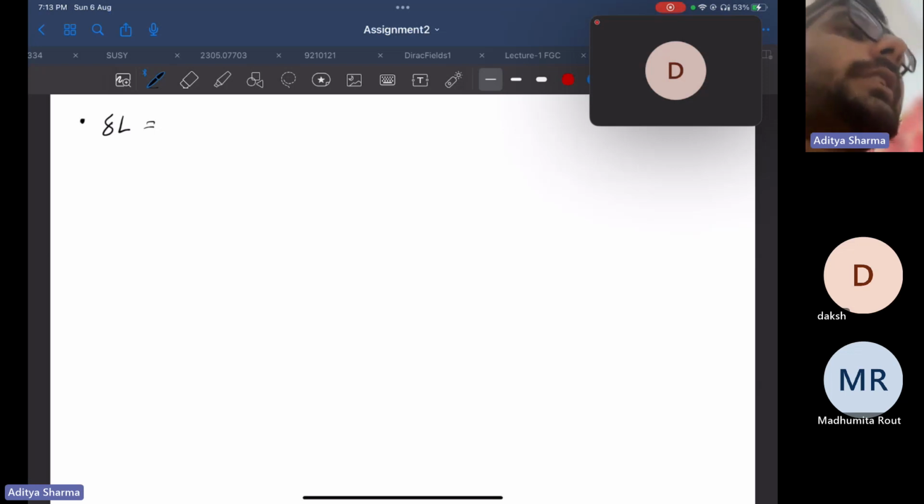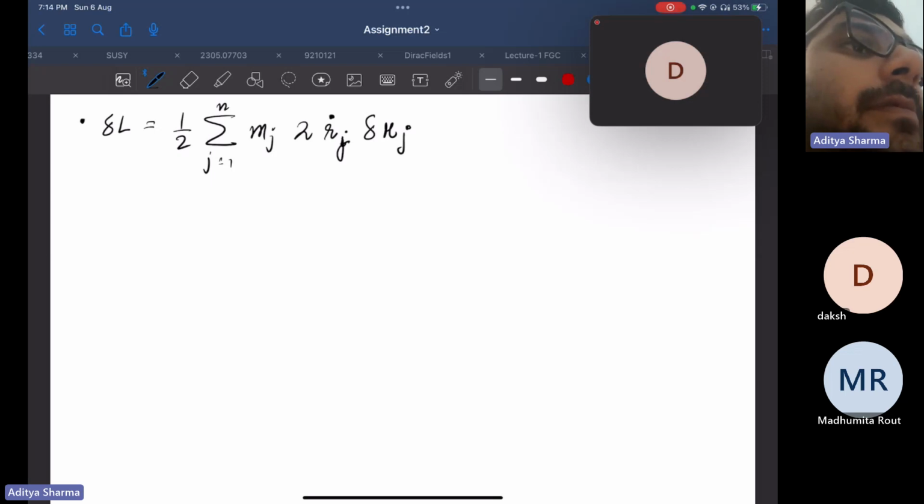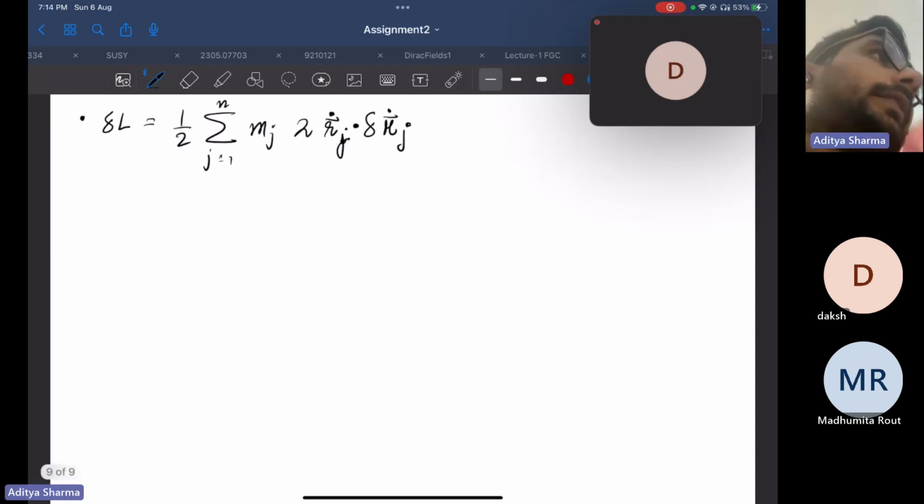That is, you're going to do a derivative here, which is nothing but 2 times Ri dot delta R. So you're going to have something here, and similarly in the potential term.